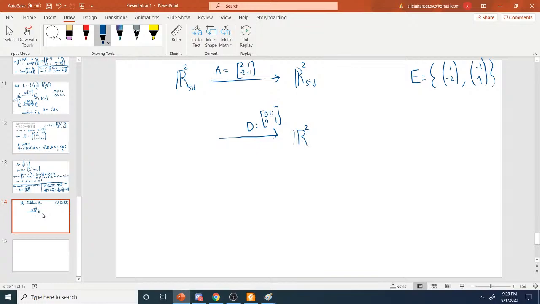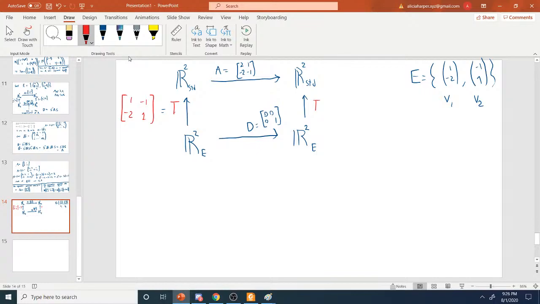And I also have a change of basis matrices going up like this. And they're given in this case by S. Actually, I'm going to use a different letter this time. I'm going to use the letter T. So where T is equal to 1, -2, and -1, 1. And this is also T.